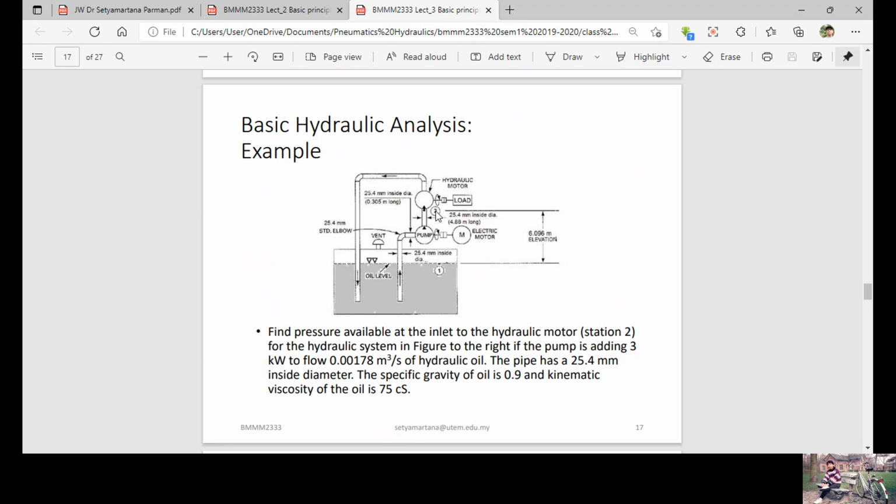The pipe has a 25.4 millimeter inside diameter. The specific gravity of the oil is 0.9 and the kinematic viscosity of the oil is 75 centistokes.